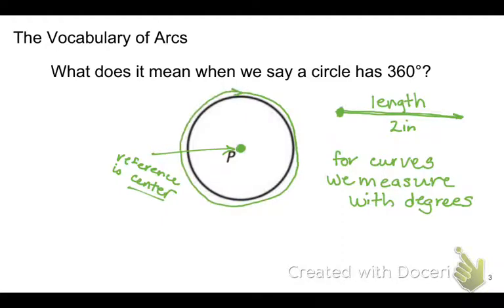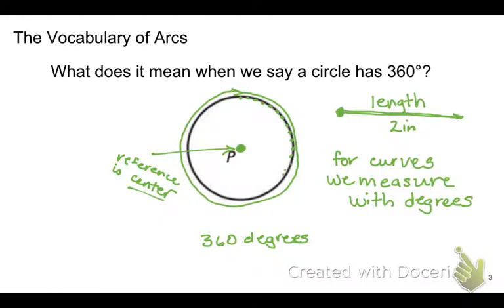And so what we say is we divide that circle up into little pieces, which we call degrees. We can divide our circle up into all these little degrees, and it turns out that there's 360. We divide it up, so there's 360 degrees in the circle.